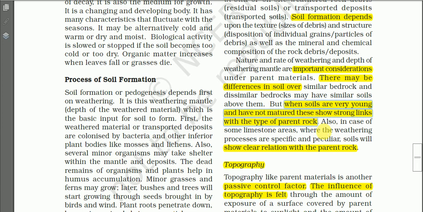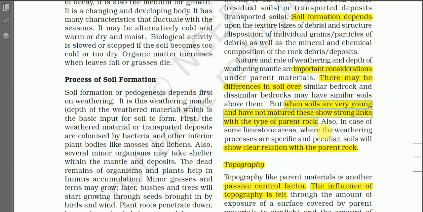For example, if the parent rock contains iron, then the soil also may contain iron and may give a reddish color. So in this way there may be some similarities between the parent rock and the soil if the soil is not matured.